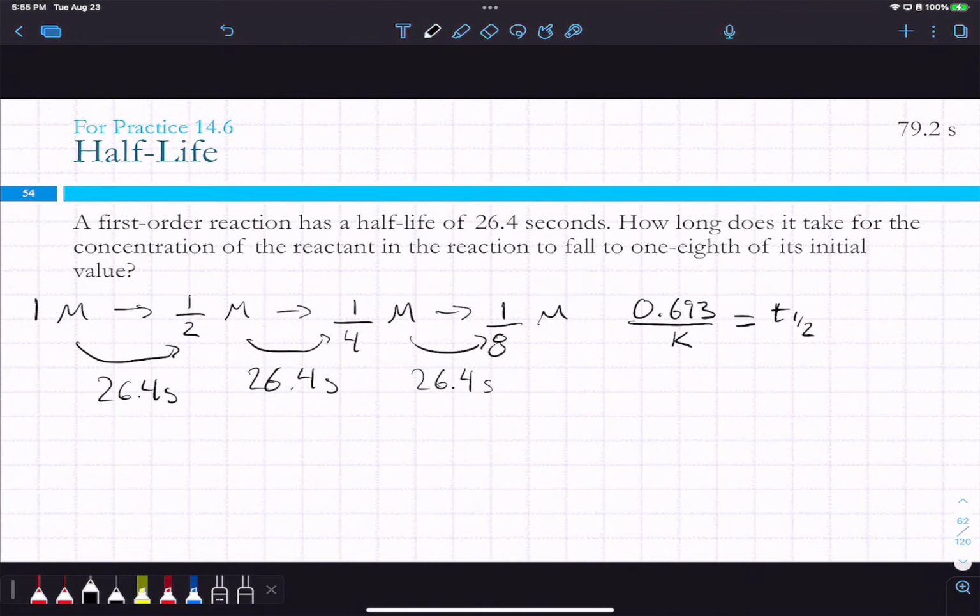All we have to do is plug in our half-life. 0.693 over k equals 26.4 seconds. So 0.693 divided by 26.4 equals k. And notice that that gives us the correct units for k for a first order reaction. It's just 1/seconds.